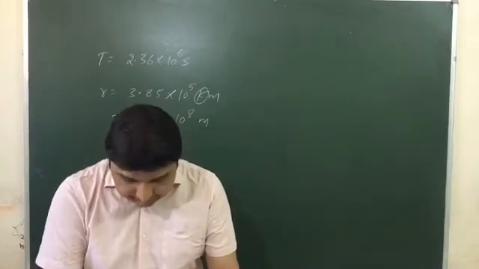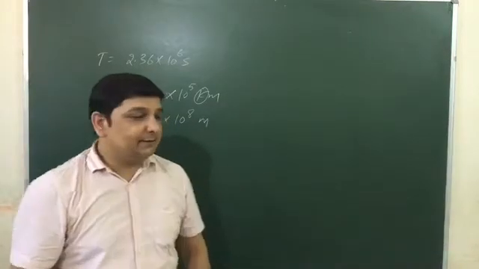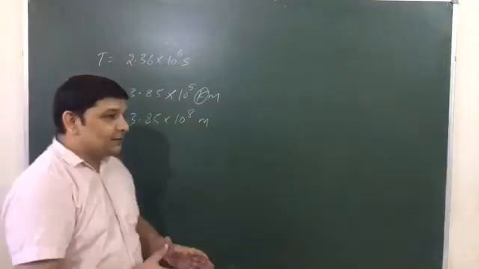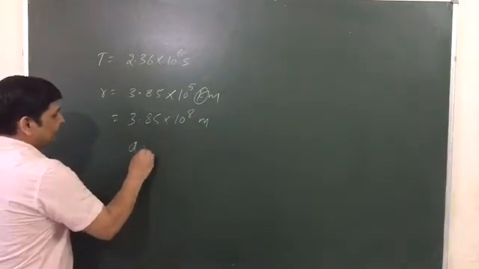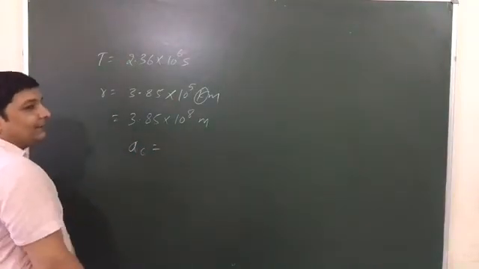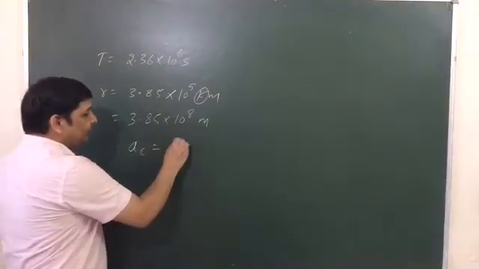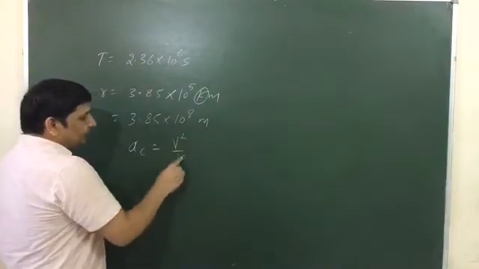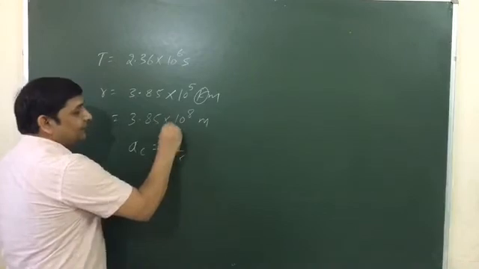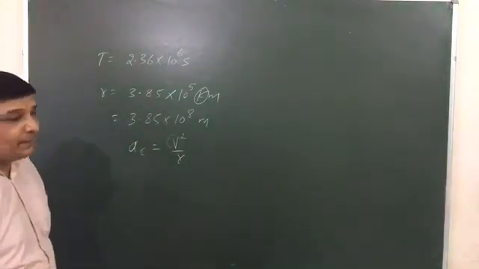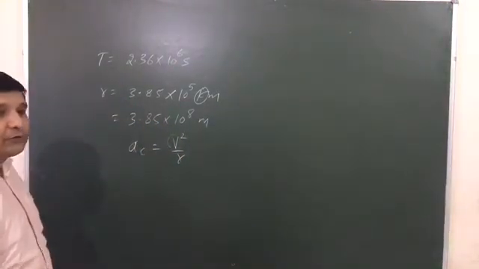Calculate the acceleration of the moon towards the earth. The acceleration of the moon towards the earth is centripetal acceleration, and centripetal acceleration is given by v square by r. Radius is given, but speed is not given. But time period of revolution is given.